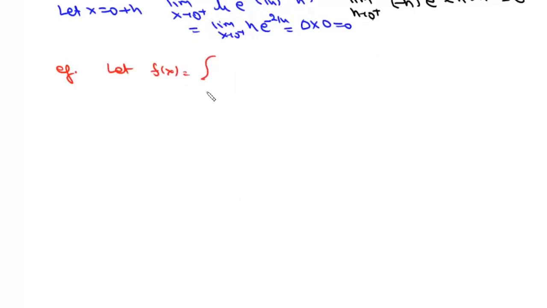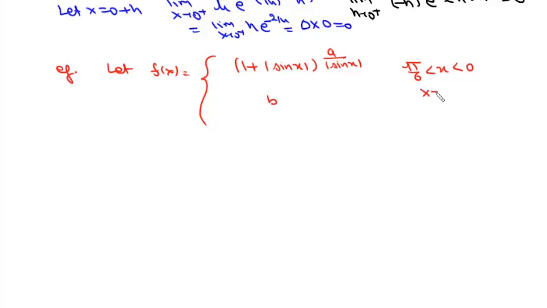Say for example, let fx be this function which is defined as (1 plus mod sin x) to the power a upon mod sin x, when x lies between minus pi by 6 and 0.